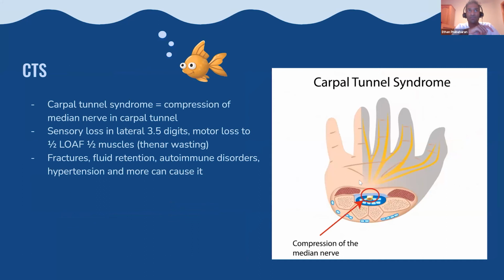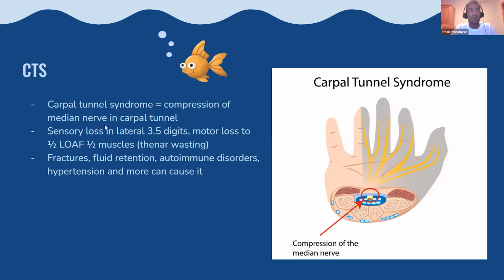Now, carpal tunnel syndrome, I believe, is the most common peripheral neuropathy. It's the most common way of having some sort of damage to your nerves. And that's when the median nerve gets compressed in this tunnel, because everything's condensed. And if any of these tendons become inflamed, space is compromised and you're going to have irritation of that median nerve.